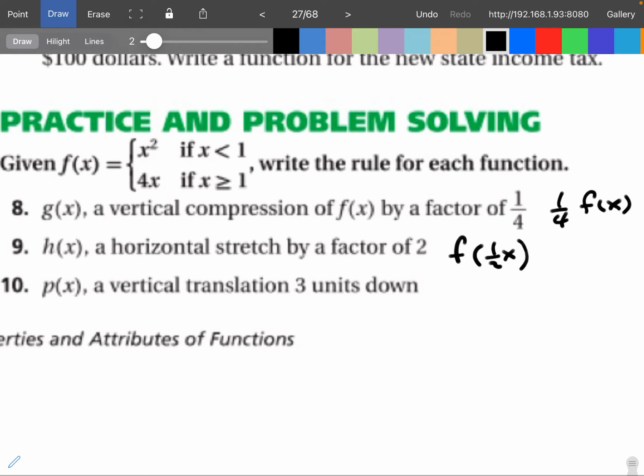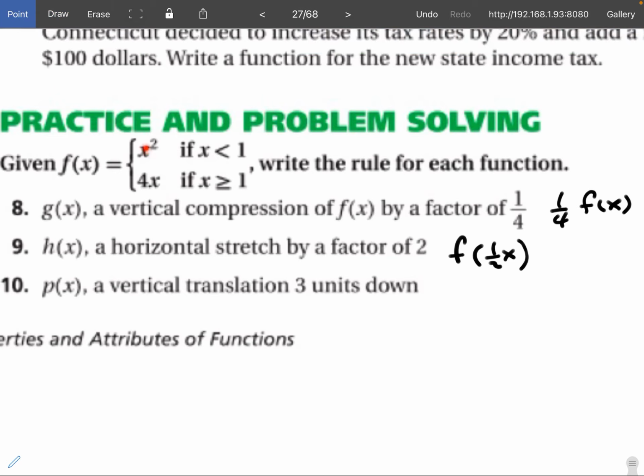So number 9 should be f of 1/2 x. Since it's inside the parentheses, you're going to have to put the 1/2 x in for that x, also for that piece right there, and in the domains you got to plug in 1/2 x for those x's.